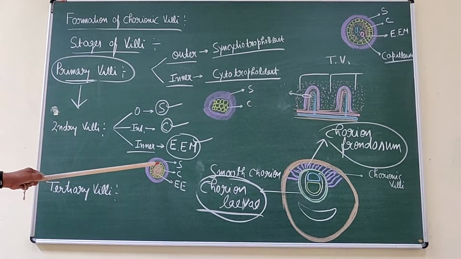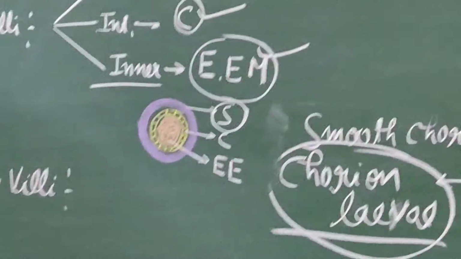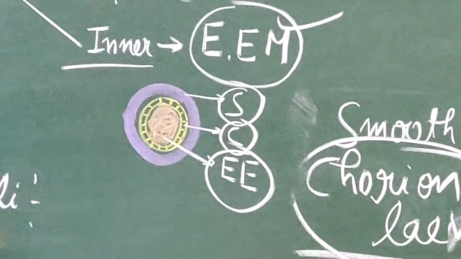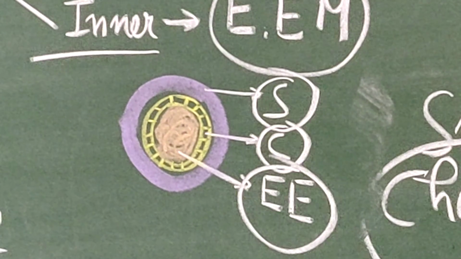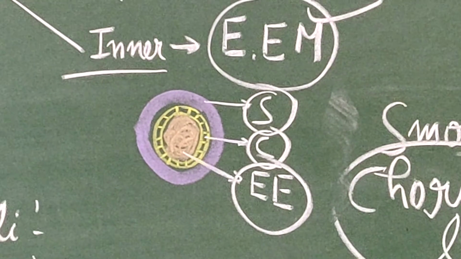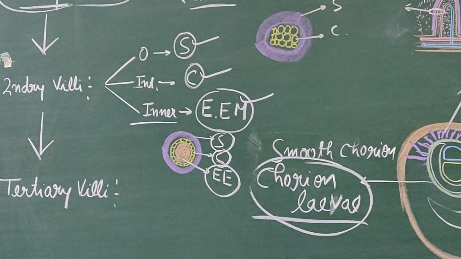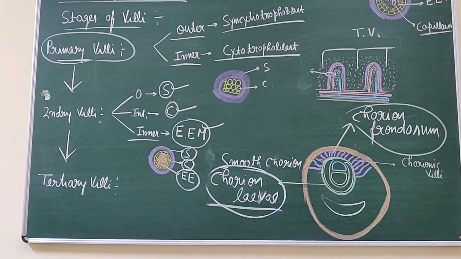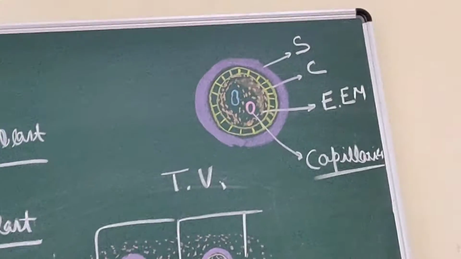If you cut the secondary villi in transverse section, outer is the syncytiotrophoblast, then cytotrophoblast, and this inner core is the extra embryonic mesoderm. Now with further development, when capillary vessels appear in the substance of this secondary villi, it becomes the tertiary villi. This is the tertiary villi.